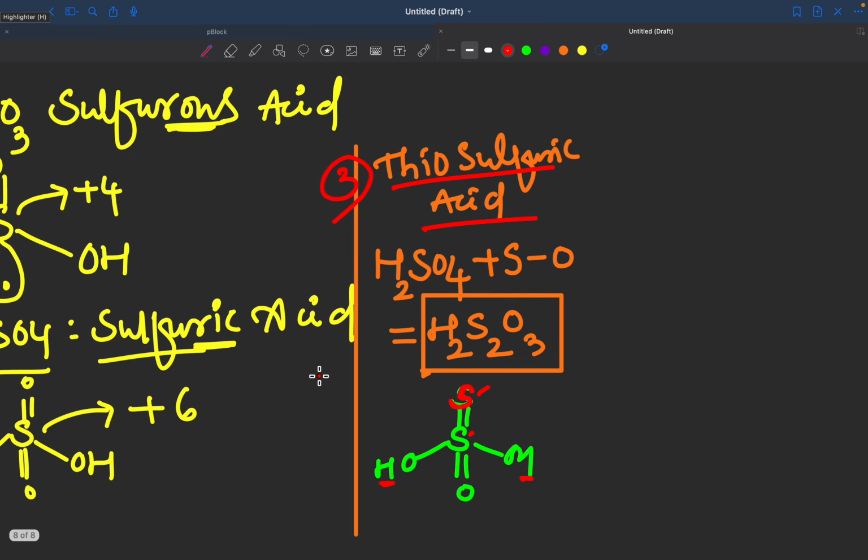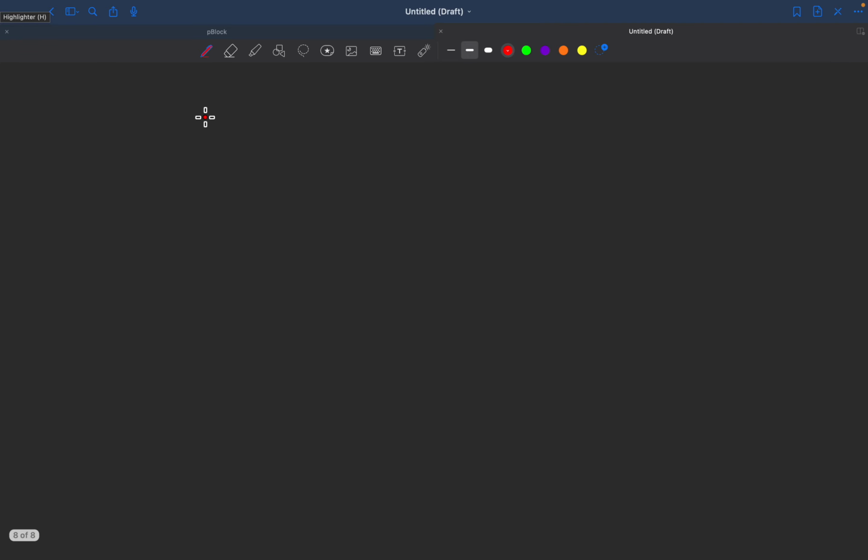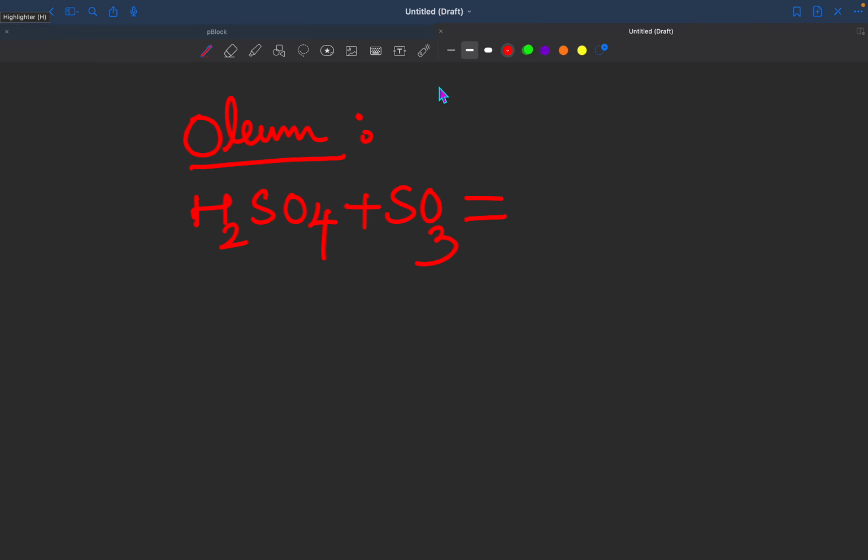Right. So we'll go to the next one, oleum. Oleum is the mixture of H2SO4 plus SO3. You have to remember oleum in this fashion only, then it will be easy for you.